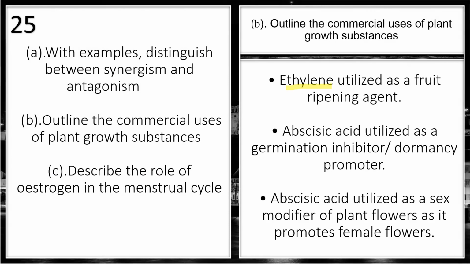Ethylene is utilized as a fruit ripening agent. Abscisic acid is utilized as a germination inhibitor or dormancy promoter. Abscisic acid is utilized as a sex modifier of plant flowers as it promotes female flowers.